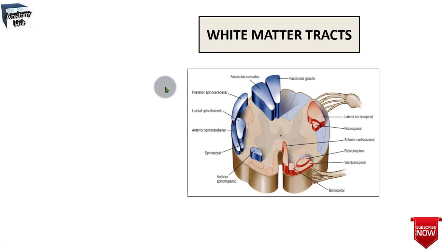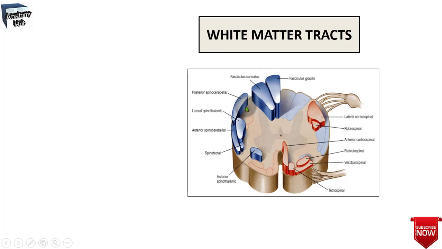You can observe over here that the dorsal funiculi have two ascending pathways: the fasciculus gracilis medially and the fasciculus cuneatus laterally.